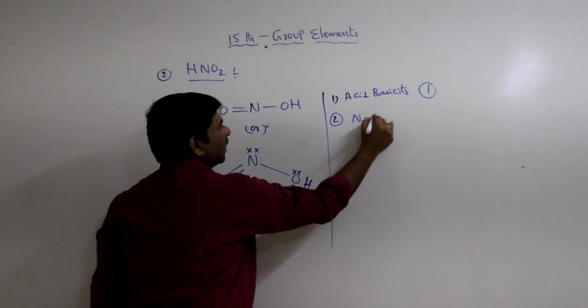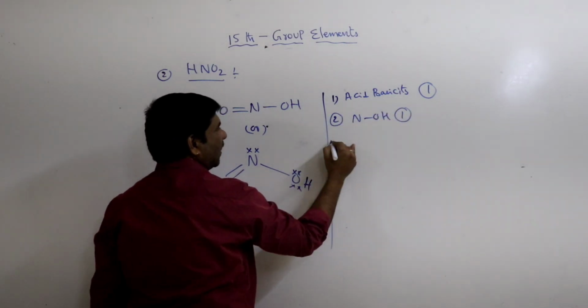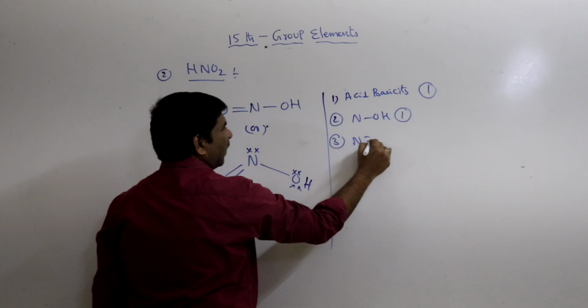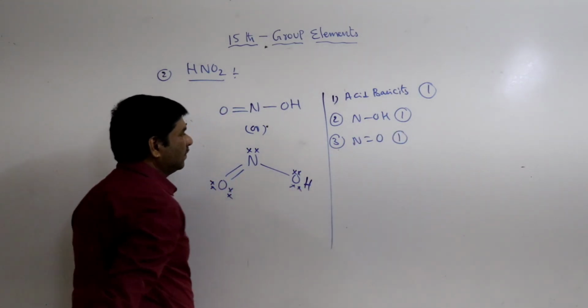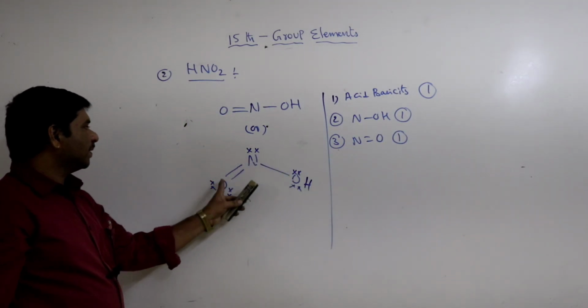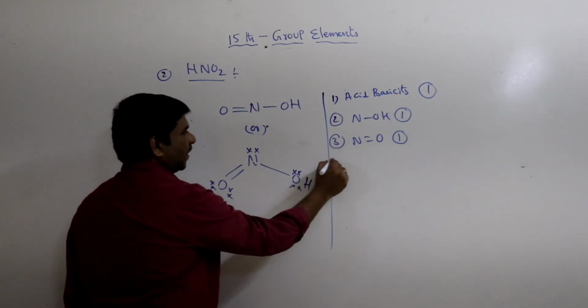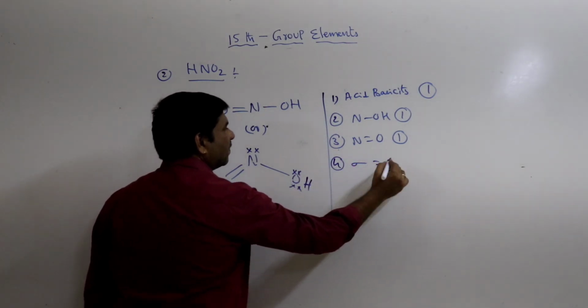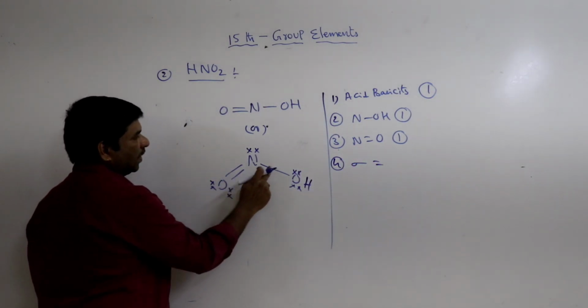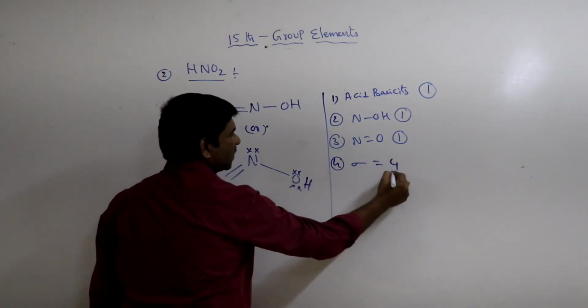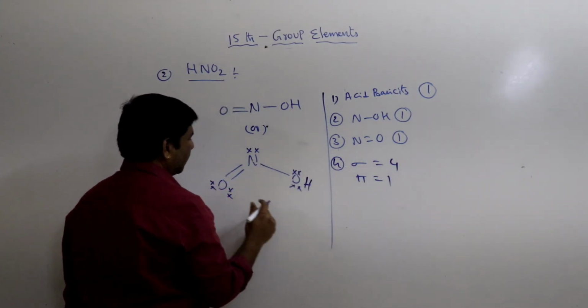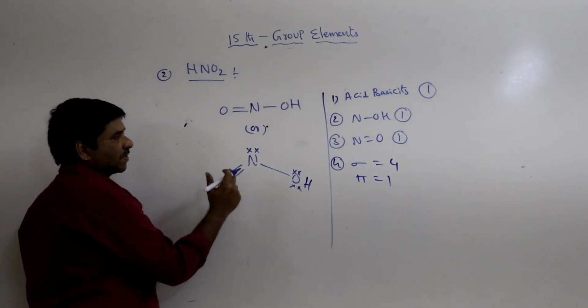Here the N double bond O bond is 1. Next, number of sigma bonds: 1, 2, 3, 4 sigma bonds. Number of pi bonds is 1, in the double bond 1 pi bond.